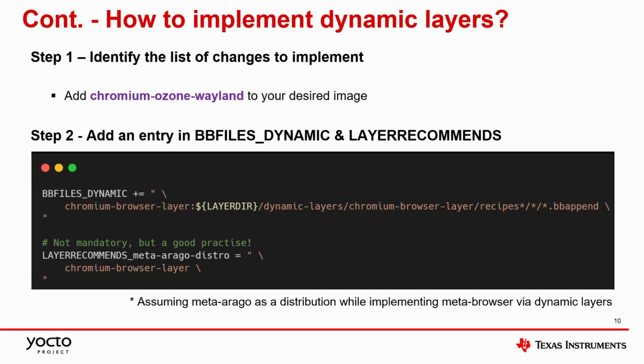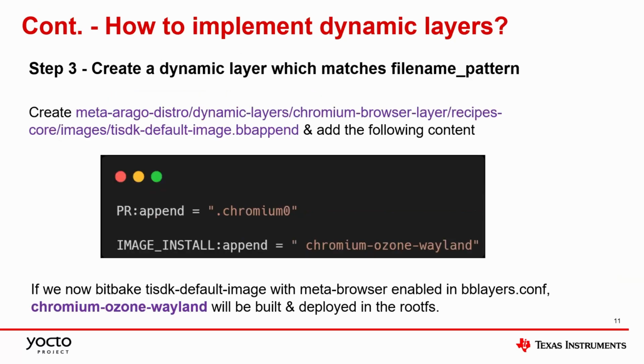But for doing that, I will have to tweak my image install to add a condition for a machine. But yeah, it's possible. And as mentioned in chat, we can use preferred version.